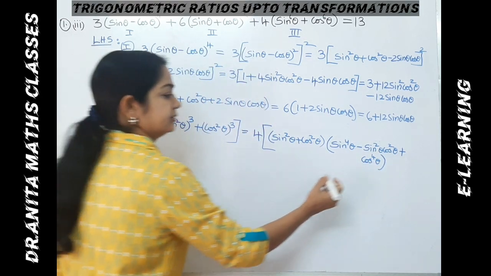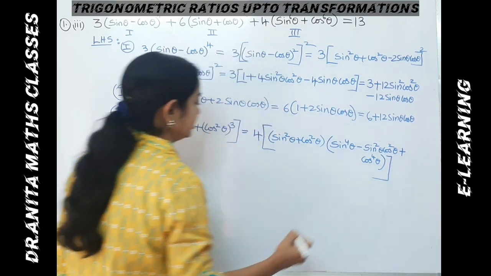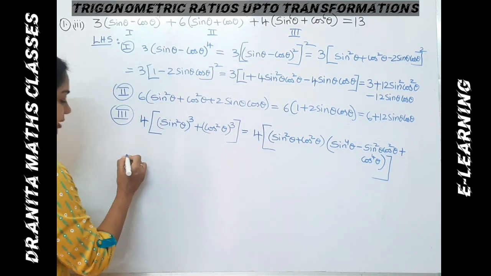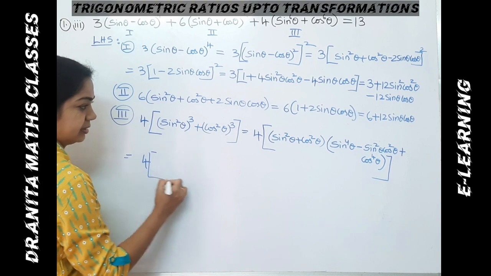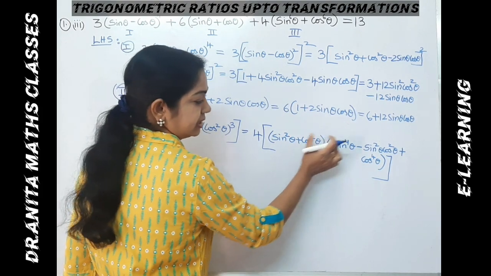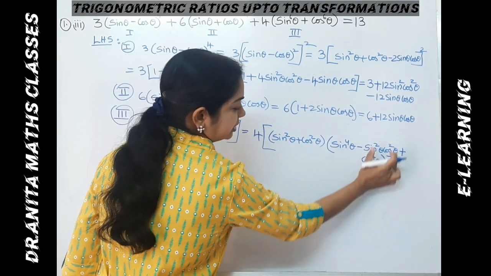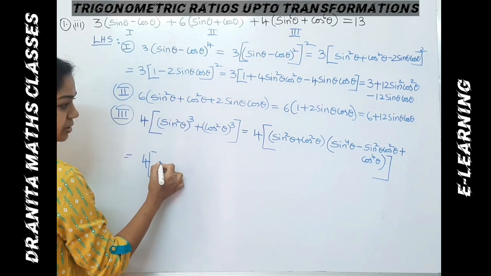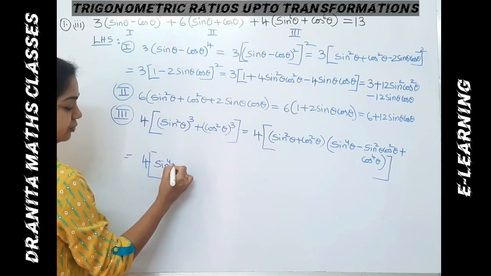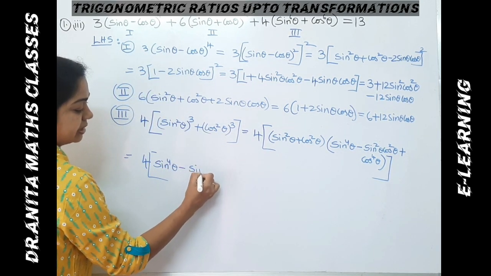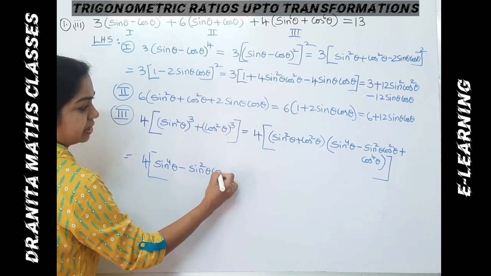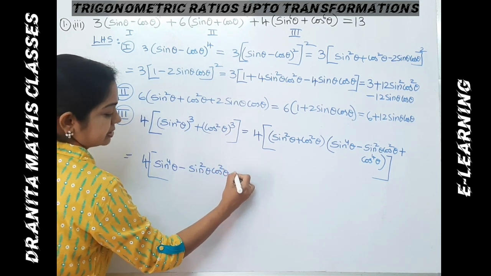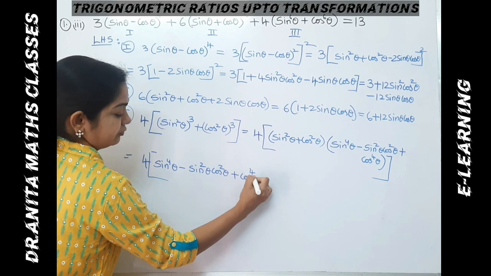This is the expansion. Now this is the first identity, so 1 into this, only this part will be left over, so that is sine to the power of 4 theta minus sine square theta cos square theta plus cos to the power of 4 theta.